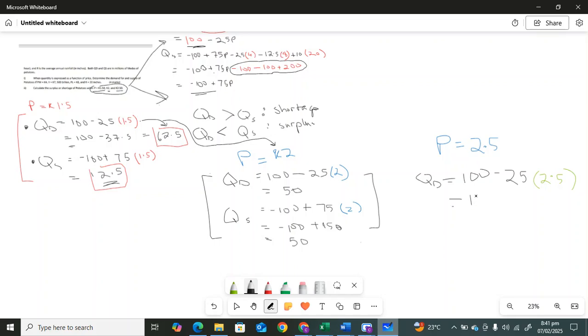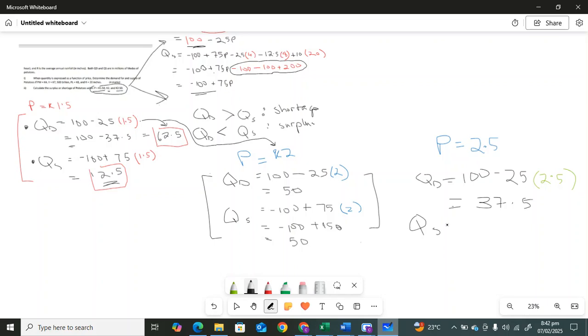Yes, 100 minus 62.5, 37.5. So this is the quantity demanded, 37.5 million medals.